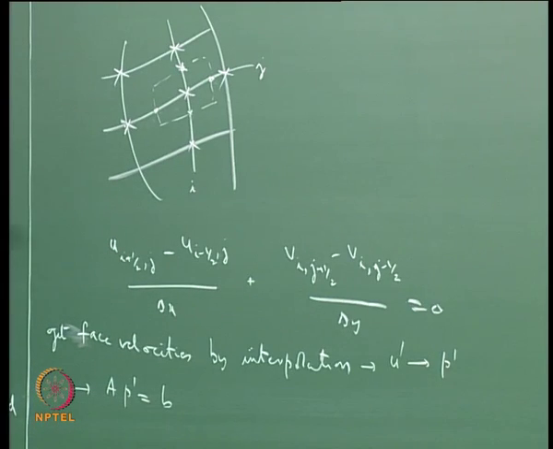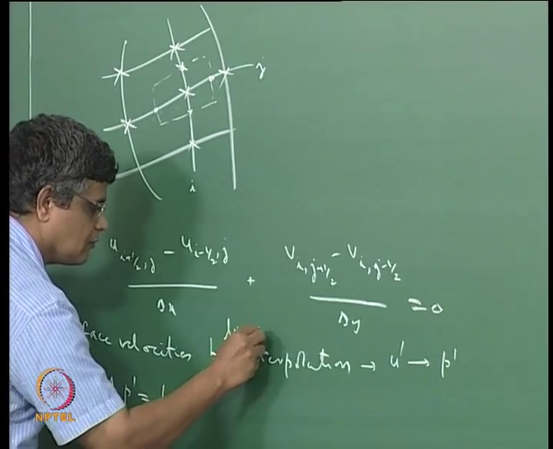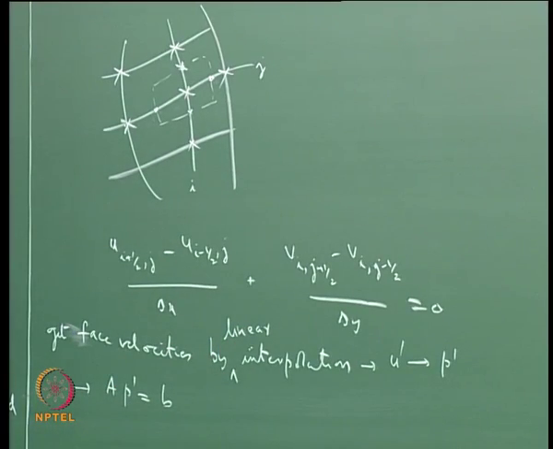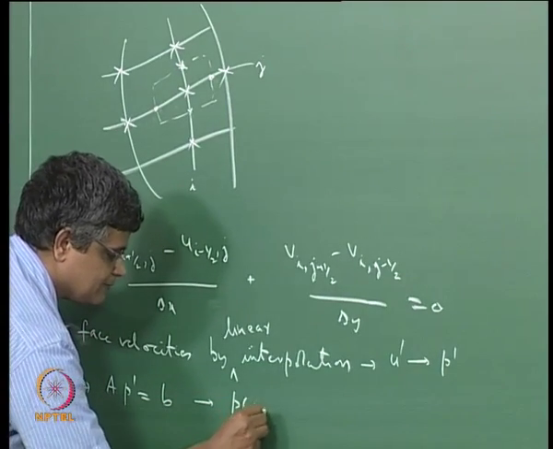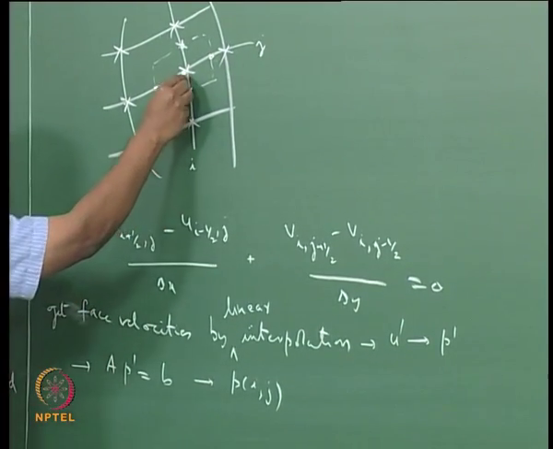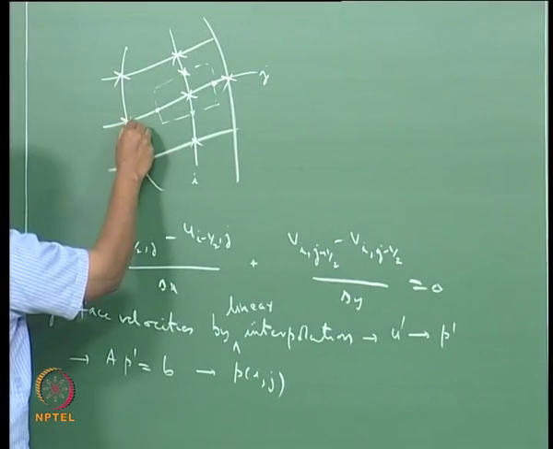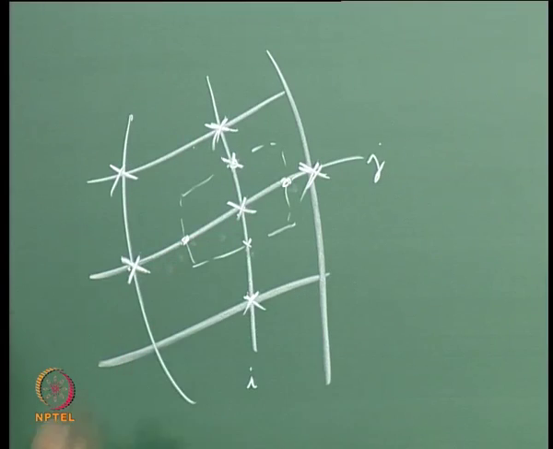So if we do that linear interpolation, which will give us a second order estimate for the face velocity at this point, which is good, then what we find is that this matrix here will not have the value of P i j. So the value of P i j here is being computed only from these points here without any contribution coming from this.